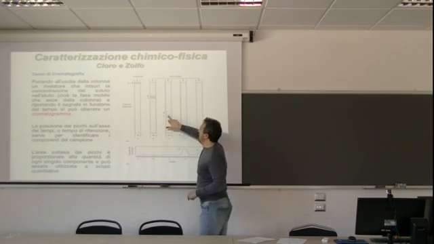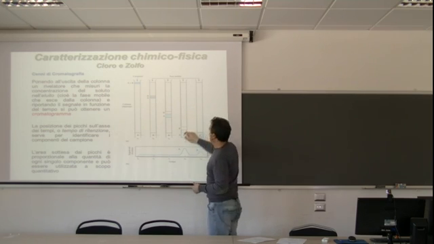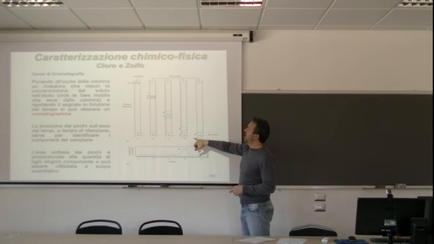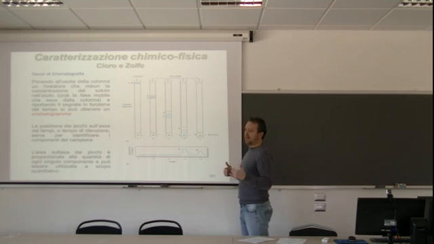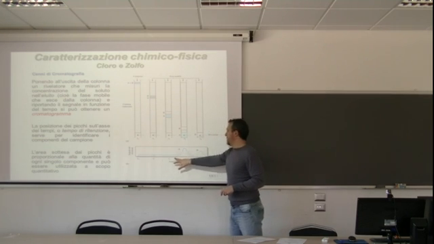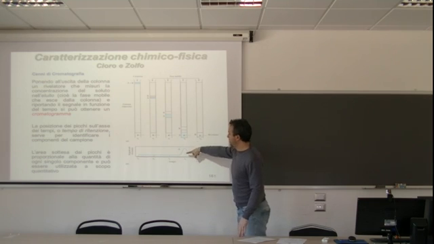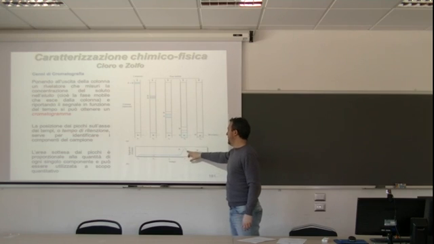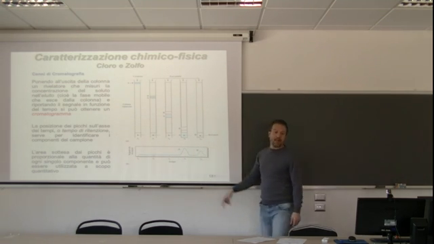Of course, B has more affinity than A, and so at the end of the column you see the components separated at different times, and here is the chromatogram. You can see in time, and here A, with of course the area of this one being the quantity of component A, and then the component B.